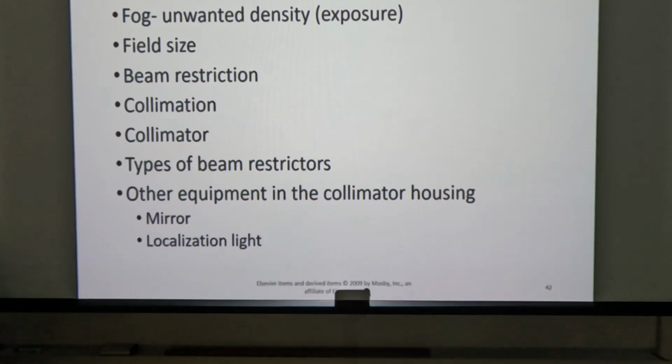Right? So fog just means unwanted density. And this is where you're gonna kind of flip density around. Okay, so fog is unwanted density. How to word this?